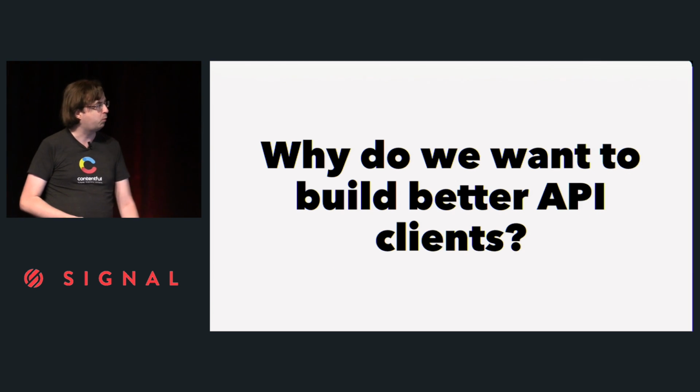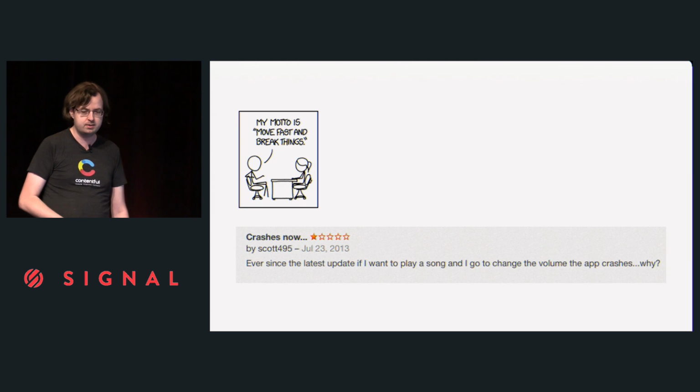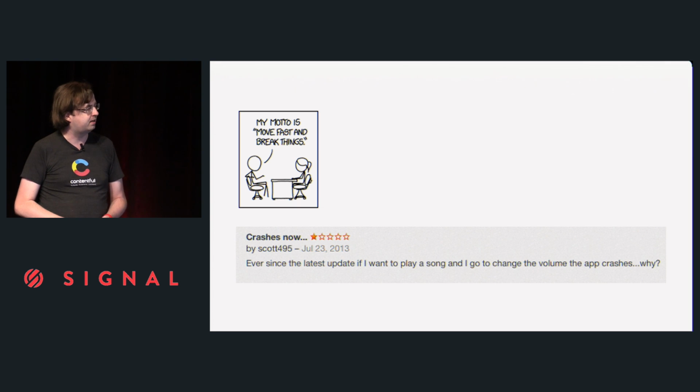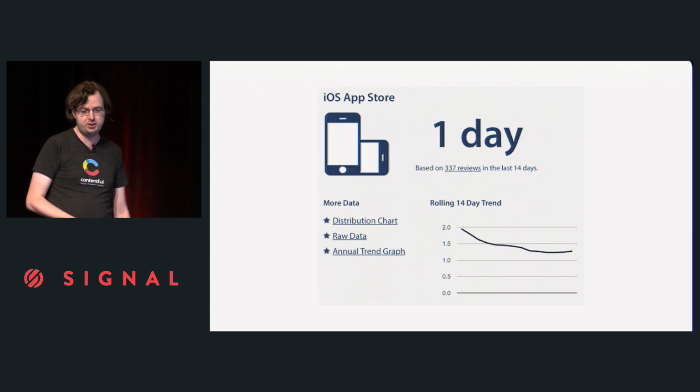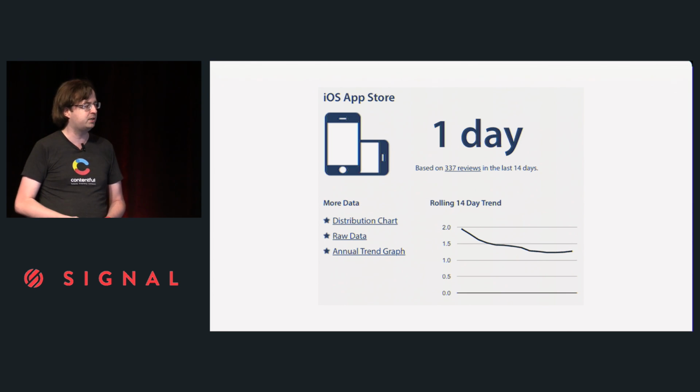All right, so why do we want to build better API clients? So basically we have this dichotomy between developers and users. We want to move fast and break things, but the users will give us bad reviews in the App Store if we do. And even though the app review for iOS has been pretty fast for the last couple of weeks with just like a 1 day turnaround, it's still a day, and also not all of your users will update immediately.